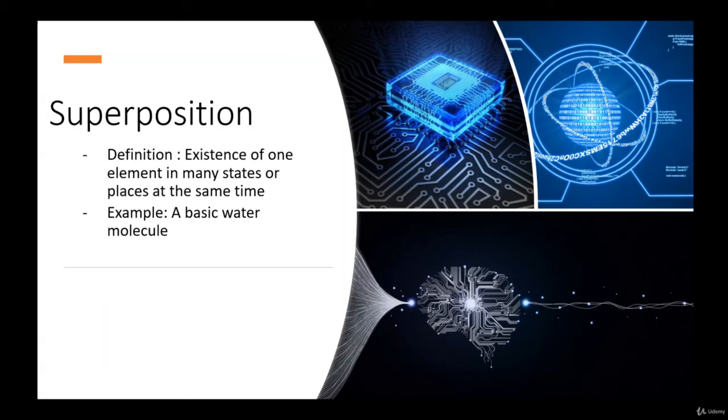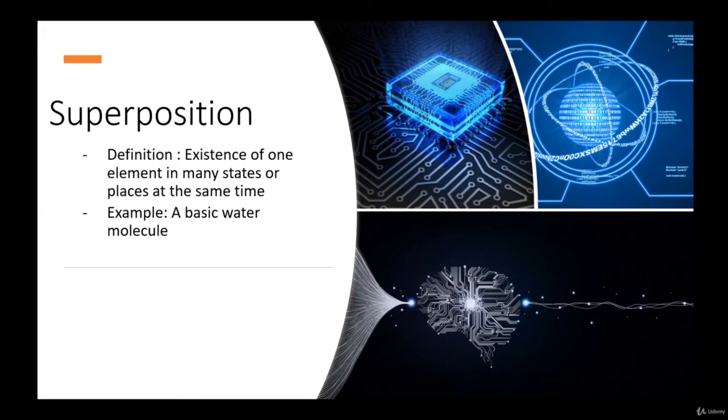Let's talk about the molecule H2O. This is a molecule of water that is composed of one atom of oxygen and two of hydrogen. The oxygen will share its electrons with the atoms of hydrogen. This is basic chemistry.